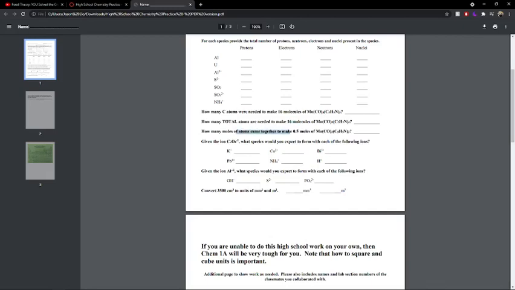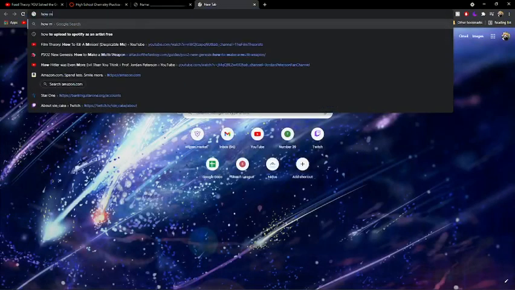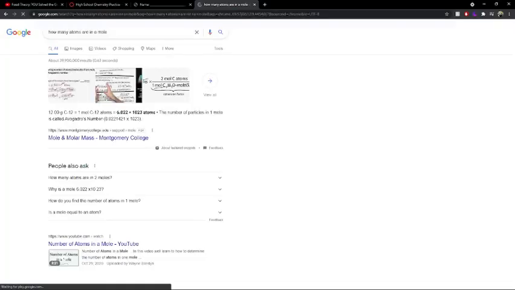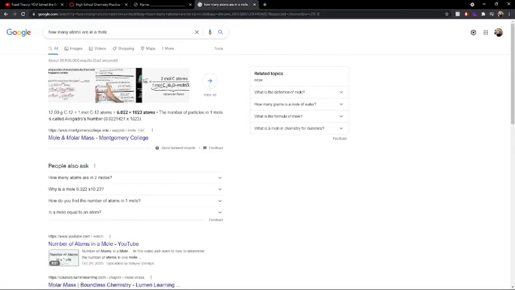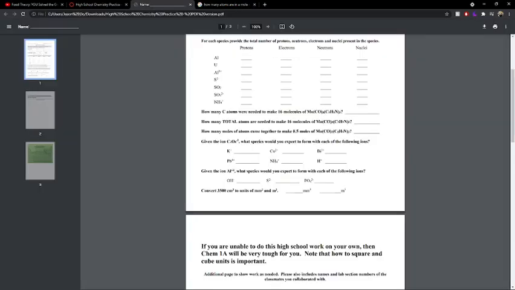Yep, there's that. How many moles of atoms come together to make 0.5 moles? So how many moles of atoms? If I remember correctly, a mole is, let me double check that. How many atoms are in a mole? That's Avogadro's number, which is 6.022 times 10 to the 23rd. They do not have a superscript here. That makes it weird. Okay, so how many moles of atoms come together to make 0.5 mole?